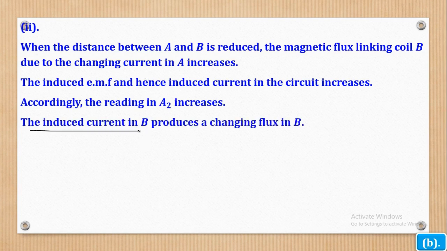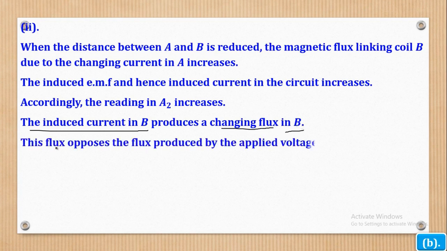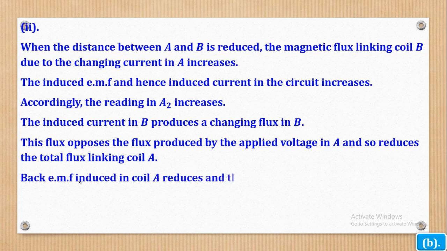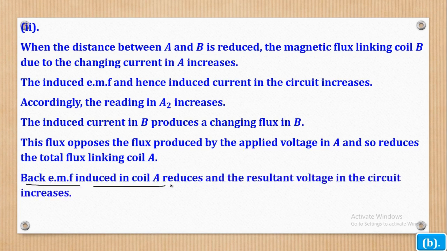The induced current in B produces a changing flux in B. This flux opposes, note this word, opposes the flux produced by the applied voltage in A, and so reduces the total flux linking coil A. Back EMF induced in coil A reduces, and the resultant voltage in the circuit increases.